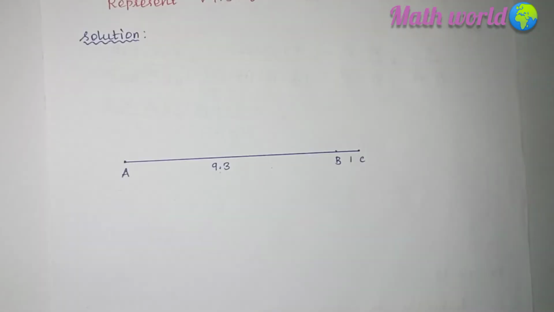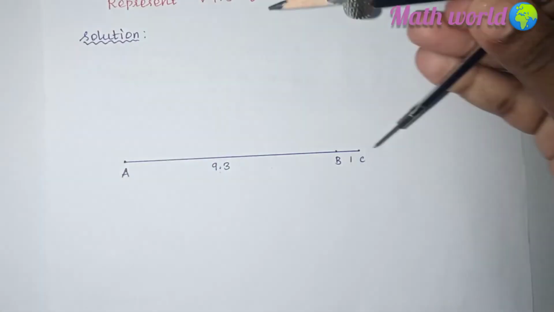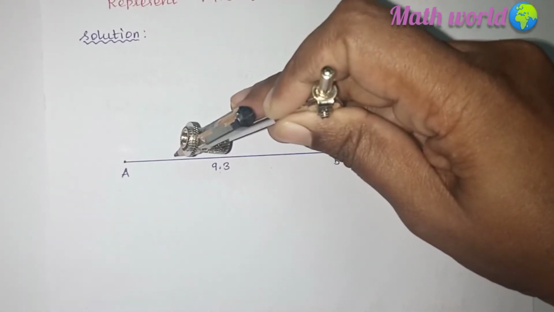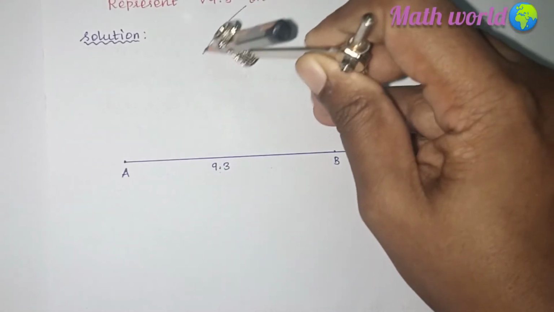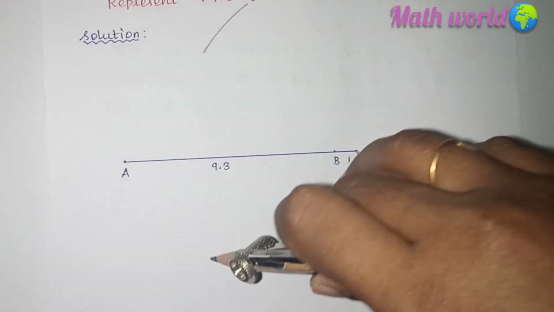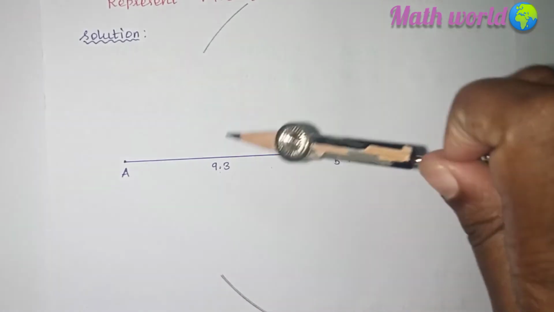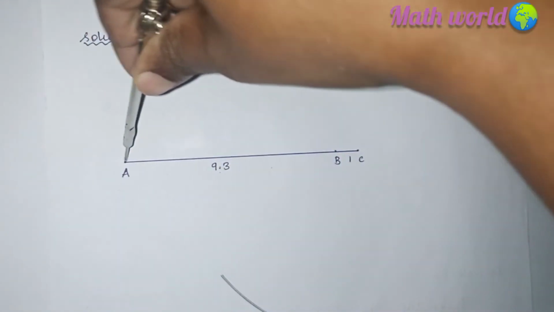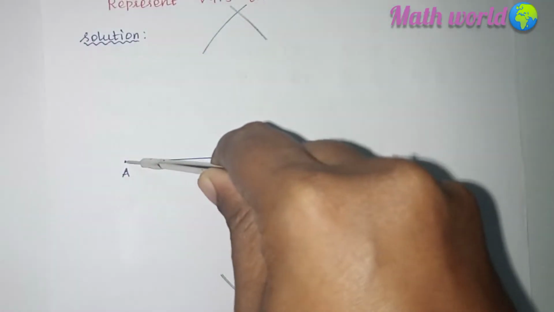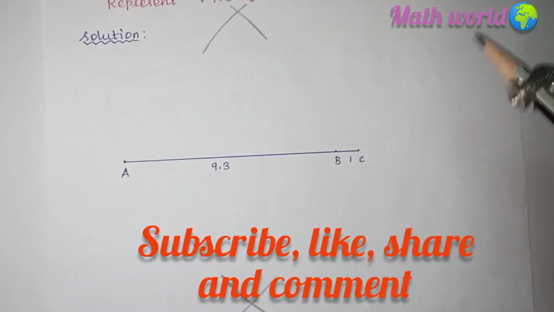Now I take the compasses and take more than half the length and draw one arc from C, up and down also. Without changing this measurement, keep the tip on A and draw two arcs up and down.